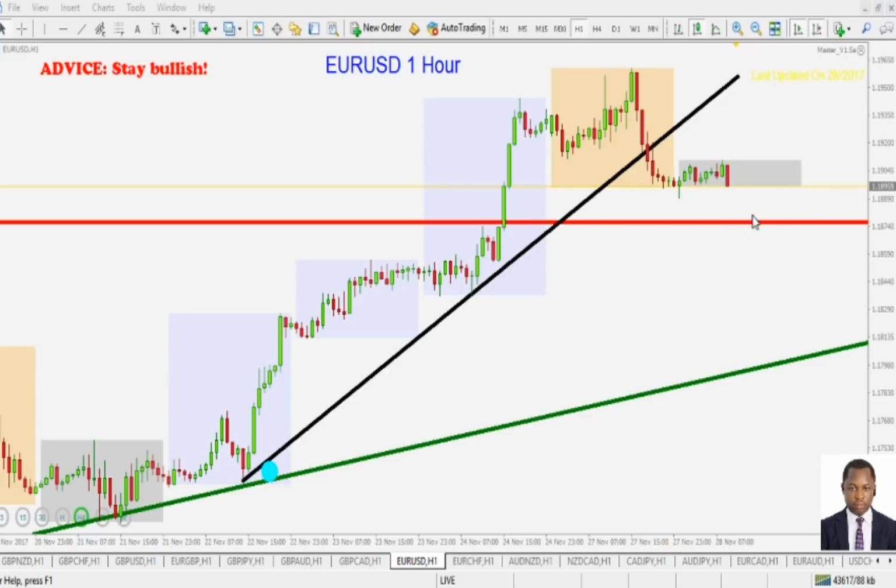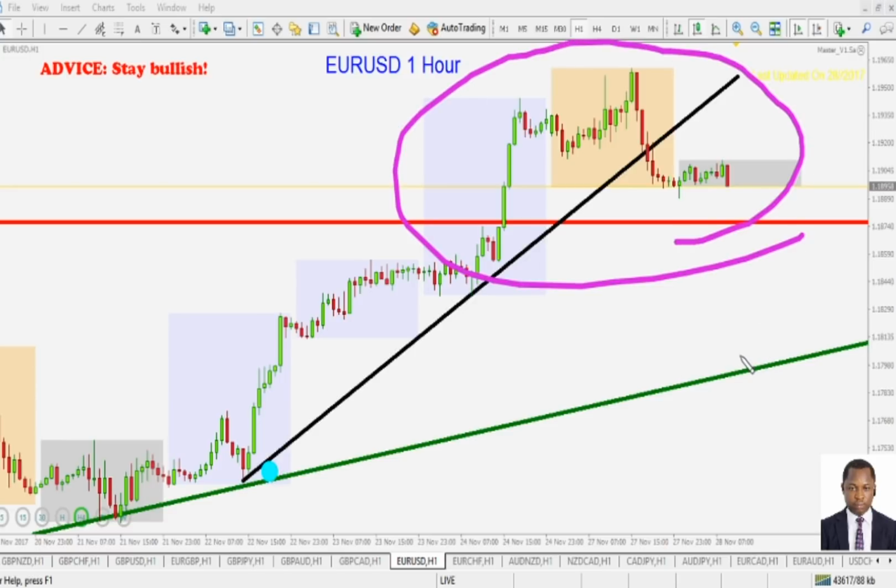Beside that, what you need to take into consideration whenever you are looking into any pair is to ask yourself, what type of pattern am I seeing here? What is actually developing here?